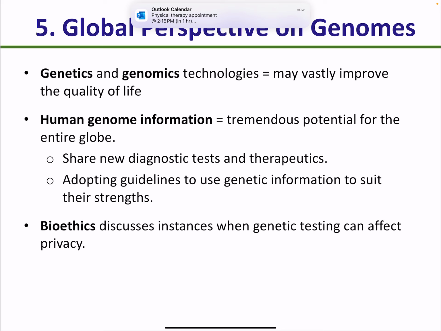The human genome information has been a tremendous source to perform diagnosis, to treat some diseases, to develop some guidelines as to what we should do to strengthen how we approach genetics, specifically human genetics, which finally and again brings us to bioethics, which is what can we do?